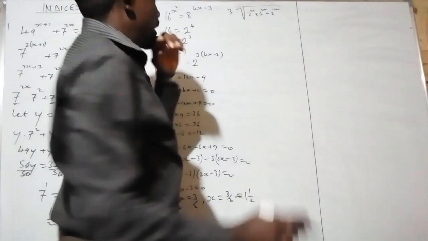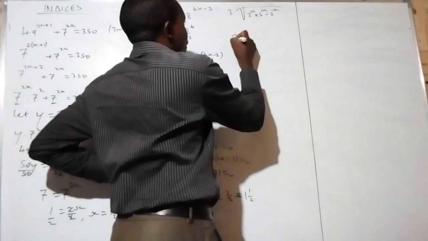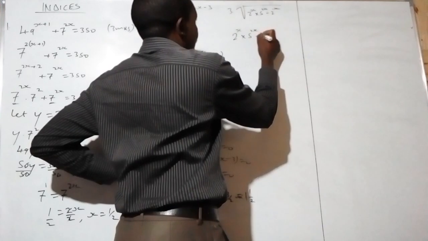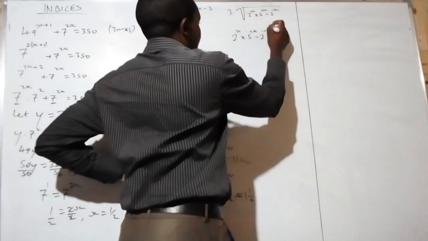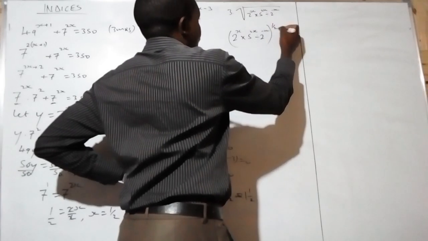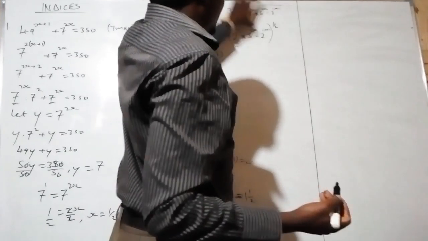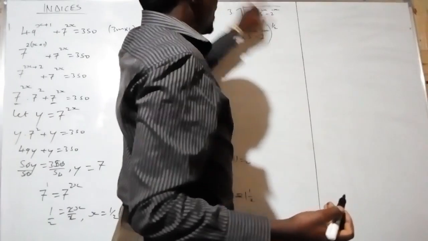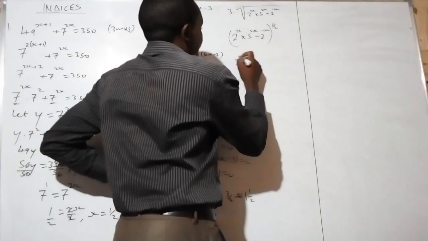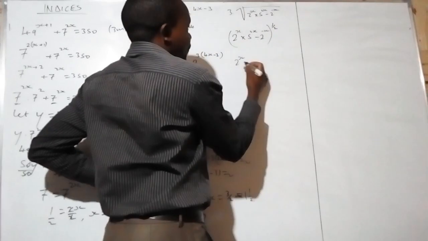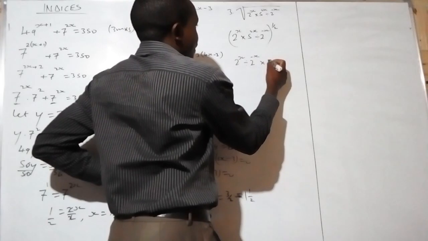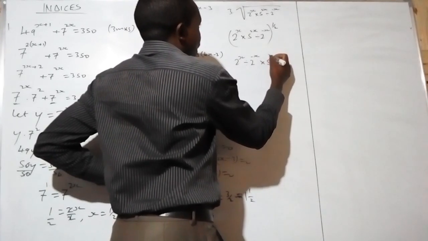It's 2^x times 5^2x divided by 2 raised to power negative x, all in a bracket raised to power half. Raised to half means square root. So we have 2^x divided by 2 raised to power negative x, times 5 raised to power 2x, all raised to a half.